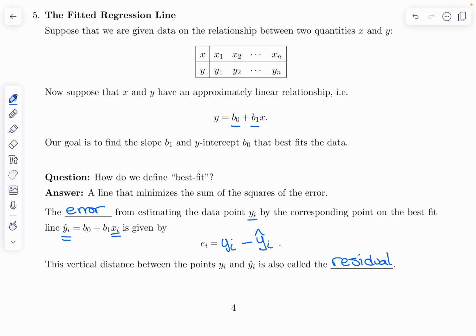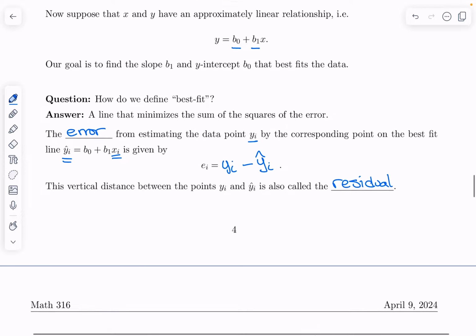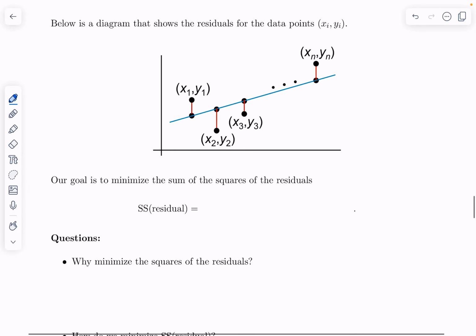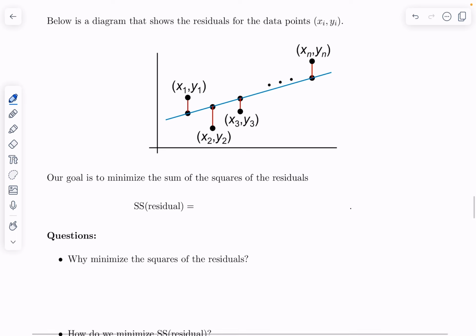I think a picture will help explain what's going on here. So I want to show you a diagram. And our diagram shows the residuals for the data points x and y.